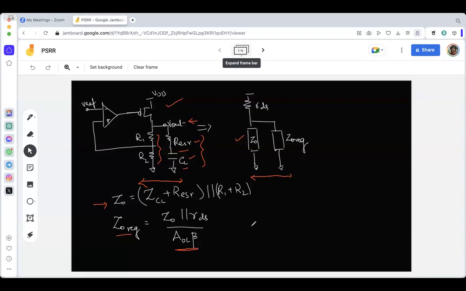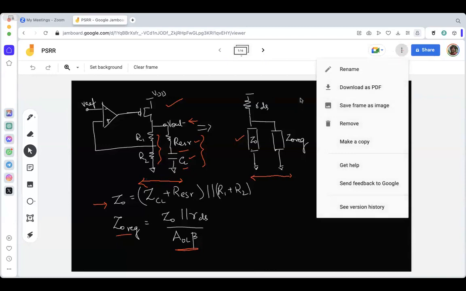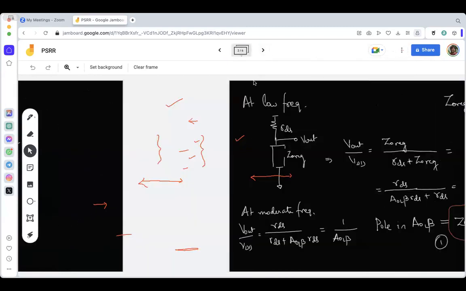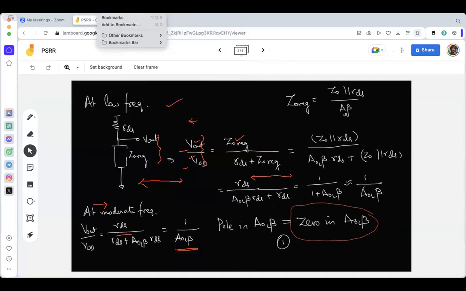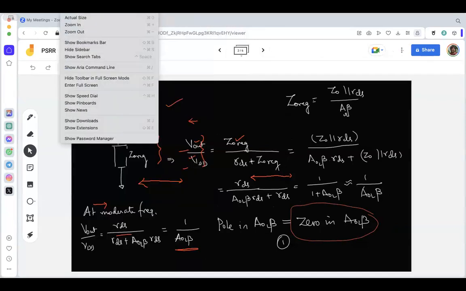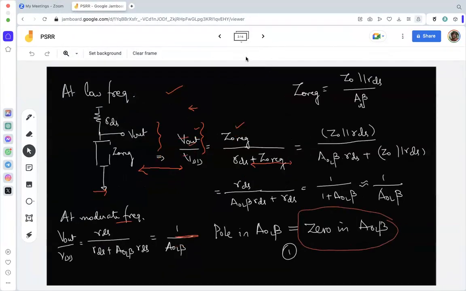Now let's go to the next slide and try to analyze what's happening here. Give me a minute, I'll see if I can make it full screen. Okay, something is better.